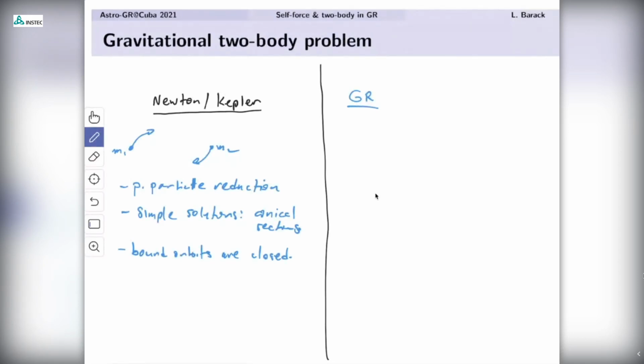In GR, the situation is nothing like that. First of all, you can't really reduce the problem to point particles in any exact way. You don't have point particles in GR. The Einstein field equations are not consistent with point particle sources. If you try to squeeze a mass into a point, you'll get a black hole before you get a delta function.